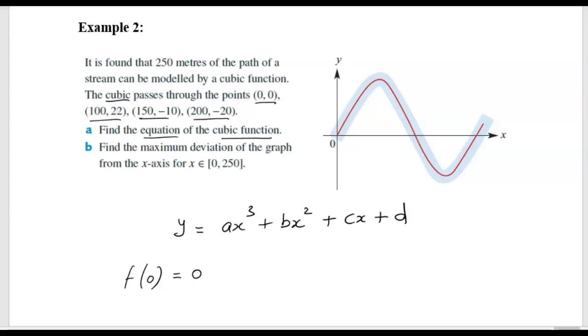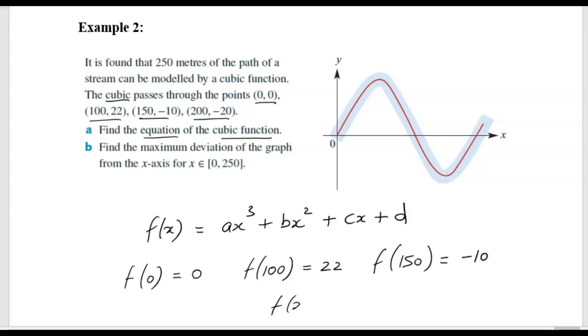I'm just going to rename this as f of x, so it's a little bit clearer. When x is equal to 0, y is equal to 0. The second point says when x is equal to 100, it is equal to 22. The third point states when x is equal to 150, the value of the function is minus 10. And finally, when x is equal to 200, the value of the function is minus 20.